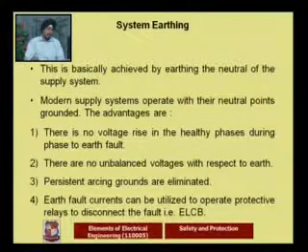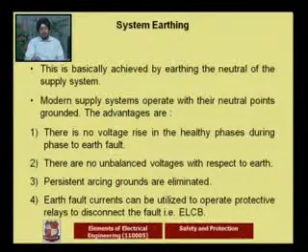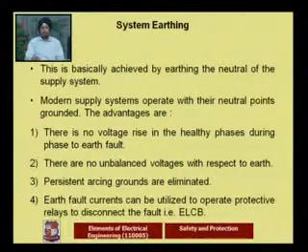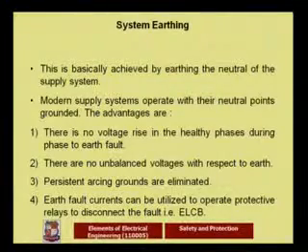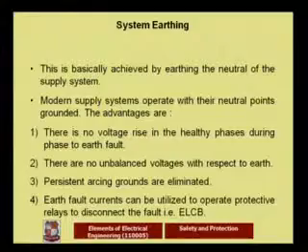How to achieve that one? When we talk about the generation side or distribution side, we have to have a neutral. This is basically achieved by the earthing of the neutral in the supply system. Most modern distribution supply systems are operated with neutral points which are grounded. The advantage is there is no voltage rise in the healthy phases during a phase to earth fault, because earthing is going to take all that leakage current.